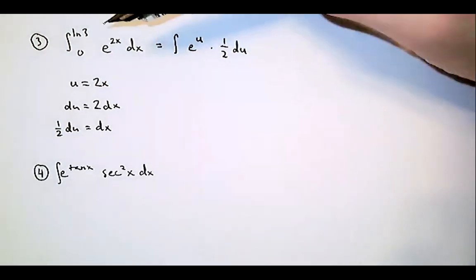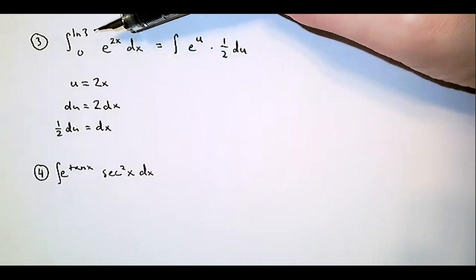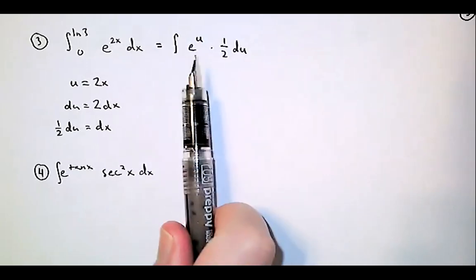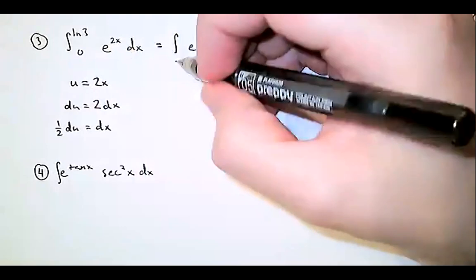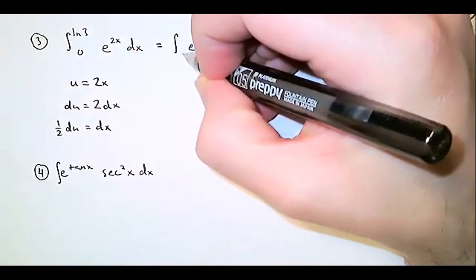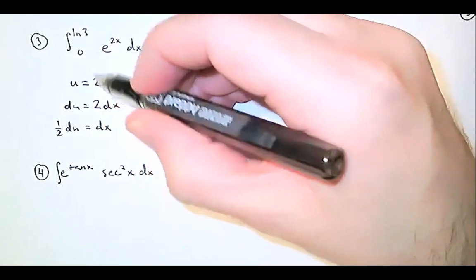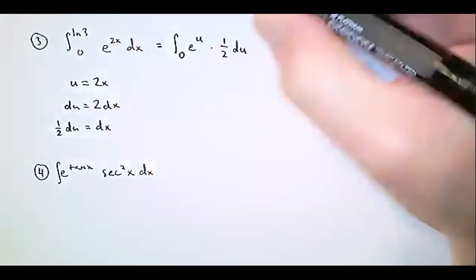And then we should also handle the limits of integration, the 0 and the log 3. The other way is to, at the end, substitute back in 2x, but that's not what I'm going to do. So I'm going to plug in 0 into here. So 2 times 0 is 0.